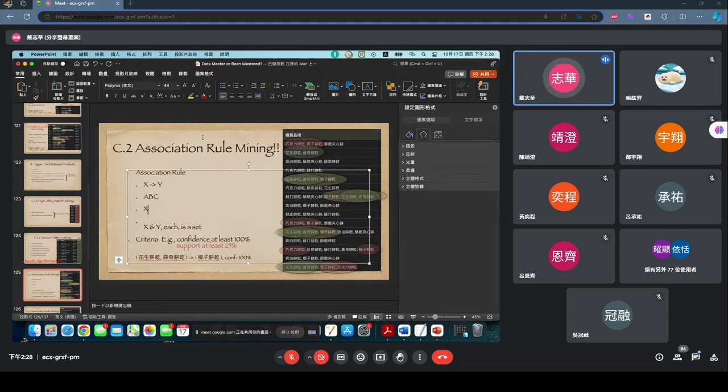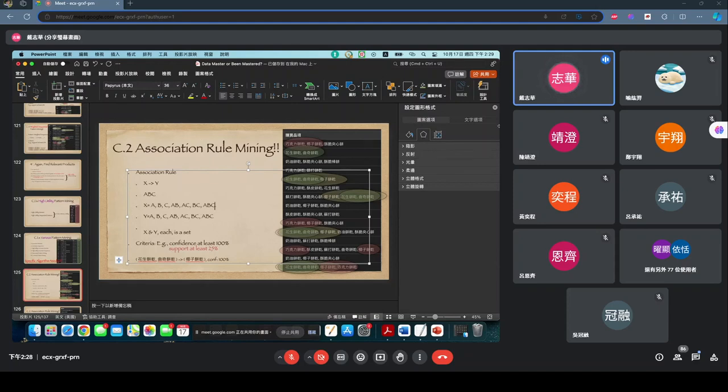Then X could be A or B or C or AB or AC or BC or ABC. And so could Y. Y could be A or B or C or AB or AC or BC or ABC.